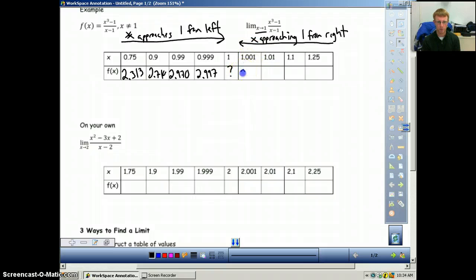And then on the other side, we get 3.003, 3.03, 3.310, and 3.813. So you can see as we get closer and closer to 1, you should be able to make a determination of what our f of x is approaching. Down here, this is what our f of x is approaching.